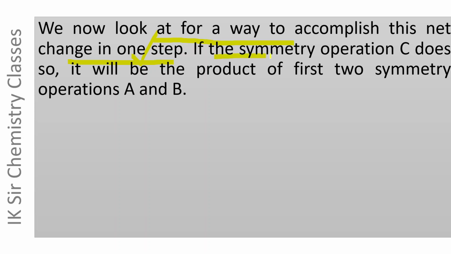If symmetry operation C shifts the position of the point from x1, y1, z1 to x3, y3, z3 directly, then it is called the product of the first two symmetry operations A and B, as illustrated below.